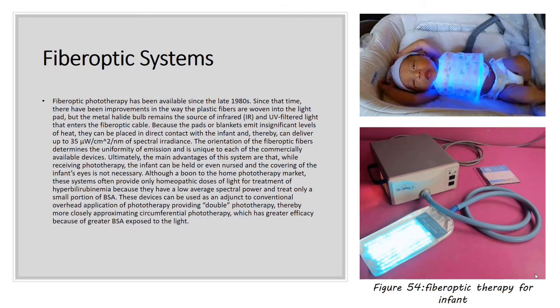These devices can be used as an adjunct to conventional overhead application of phototherapy, providing double phototherapy, thereby more closely approximating circumferential phototherapy, which has greater efficacy because of greater PSA exposed to the light.